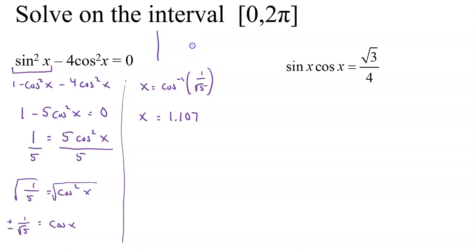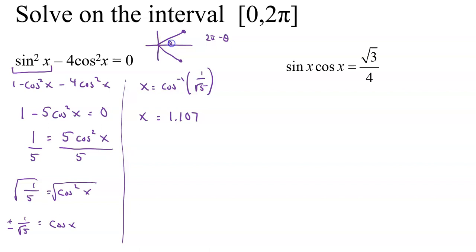Now, think about cosine. Where's cosine positive? Second quadrant, fourth quadrant. So if that's second quadrant, where is it on the fourth quadrant? It's got to be down here. So in other words, it's 2 pi minus theta. Right?